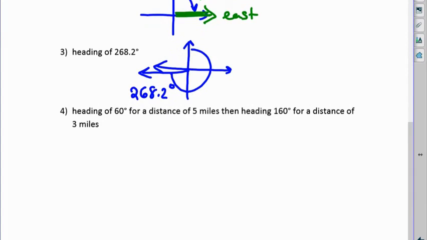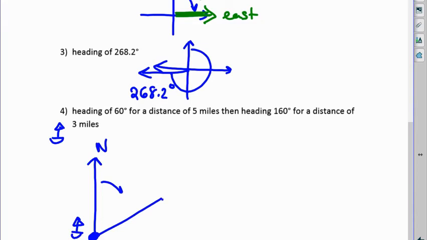So how do they do this in navigation? Let's have our ship. Here's our nice little ship. Well, let's have him head out on a heading of 60 degrees. So here he is, starting here. Here's our north arrow. Starting here, he's going off of my north arrow, 60 degrees. So there's my ship right here, heading out for a distance of 5 miles.